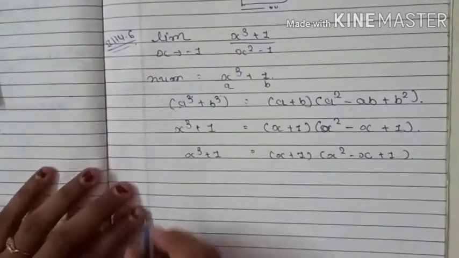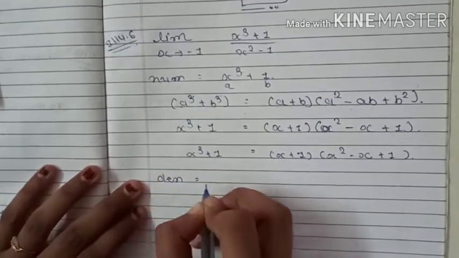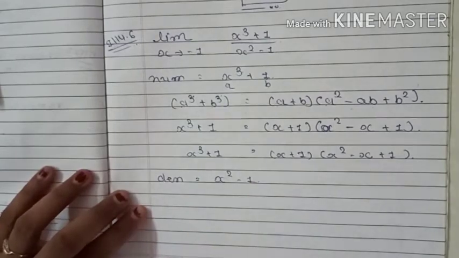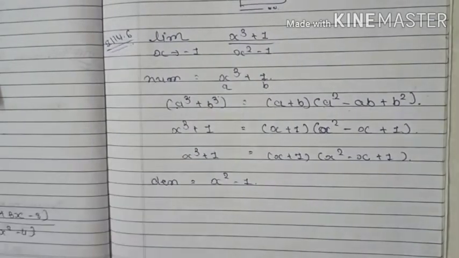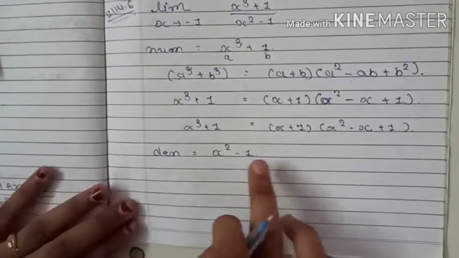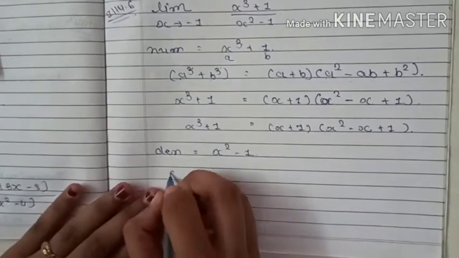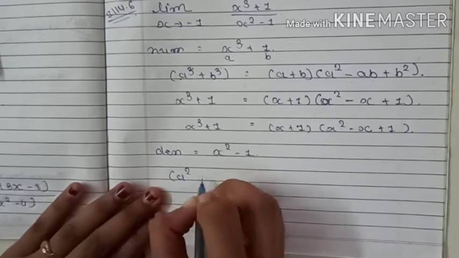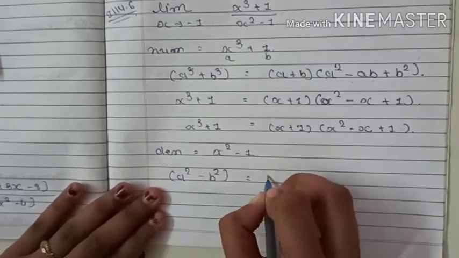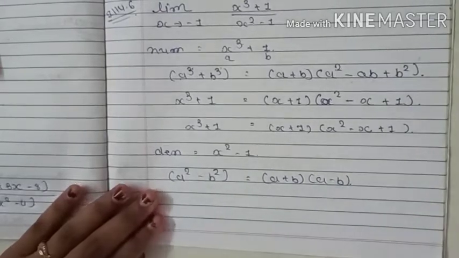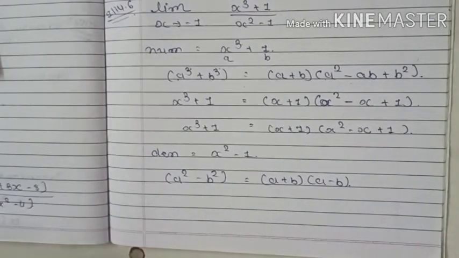Now for the denominator, x square minus 1. For x square minus 1, this factorization will be applicable. A square minus b square, answer will be a plus b and a minus b. You should know all the rules of the factorization.